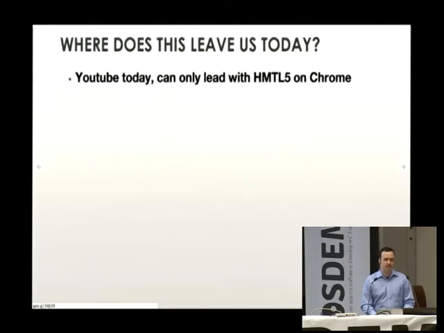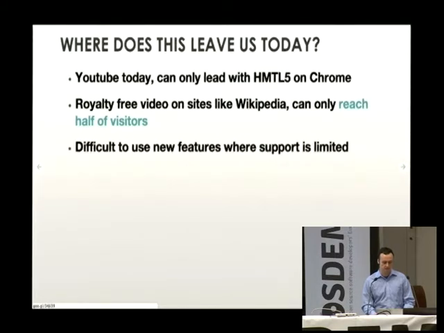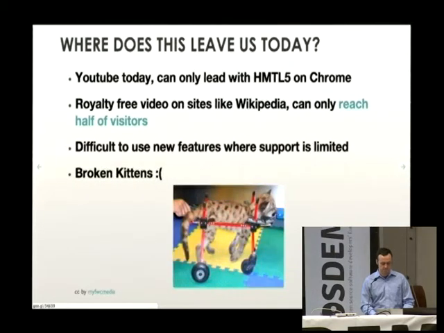Where does this leave us today? YouTube itself is only able to lead with HTML5 on Chrome. All other browsers are still using Flash. Royalty-free video sites like Wikipedia can only reach about half their visitors with royalty-free codecs. And it's difficult to use new features where support is limited.